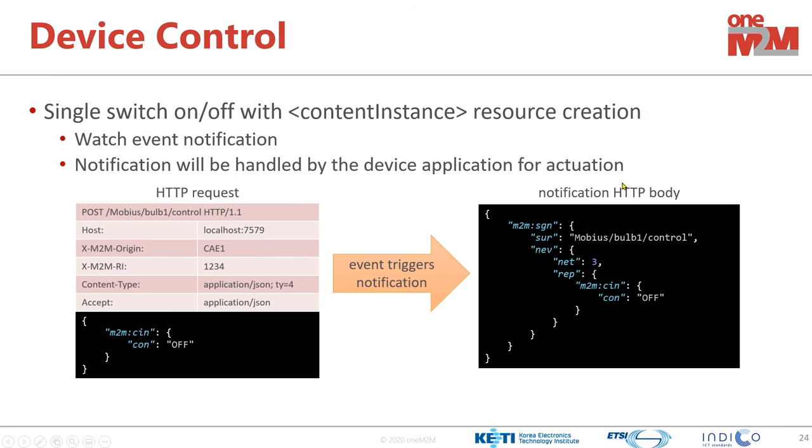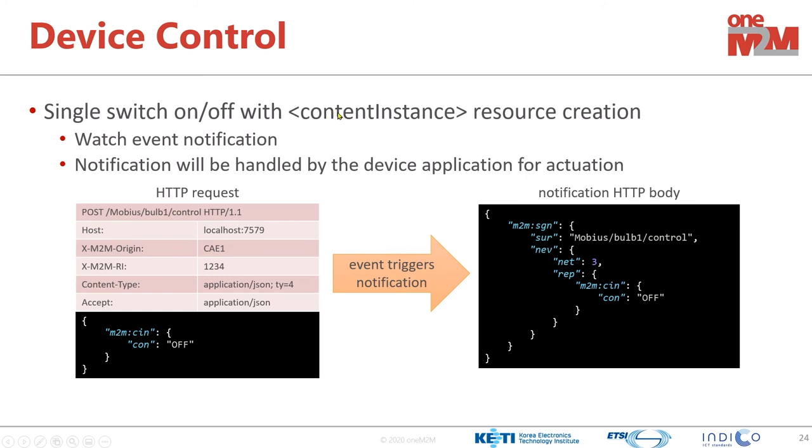So it's time for us to send the actuation message targeting, in this case, firstly a single light bulb. And we send the content instance creation to, for example, the bulb 1.